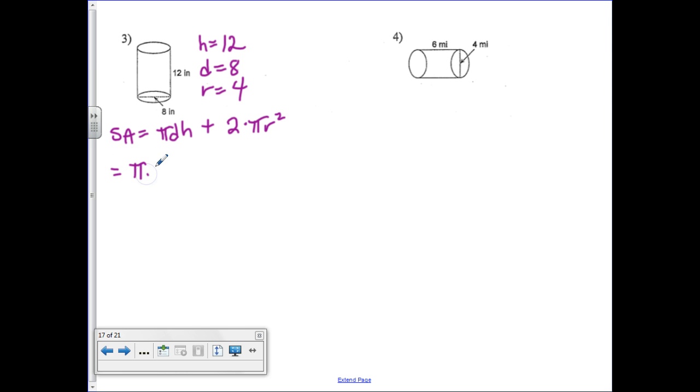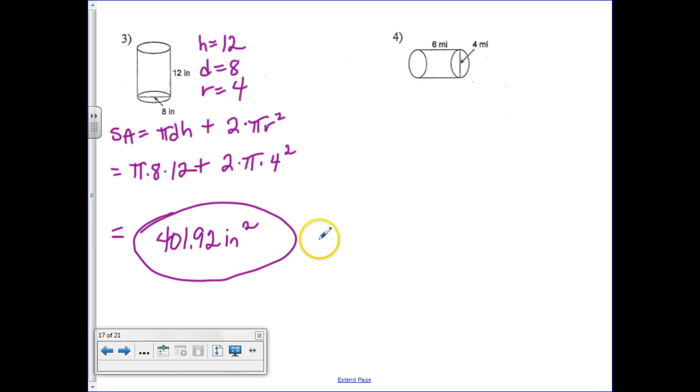Pi times the diameter times the height plus 2 times pi times the radius squared. All right, pause the video, plug it in your calculator, and see if you match what I get. There you go, 401 and 92 square inches.